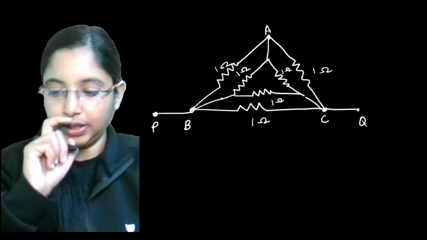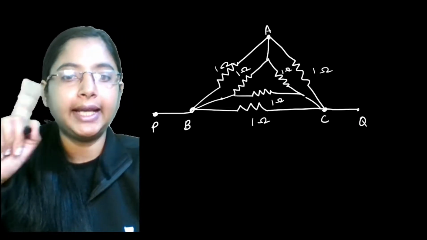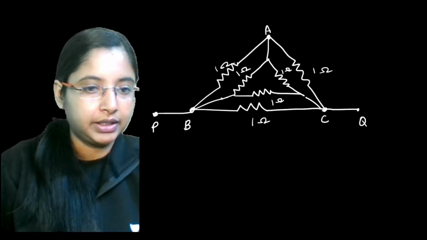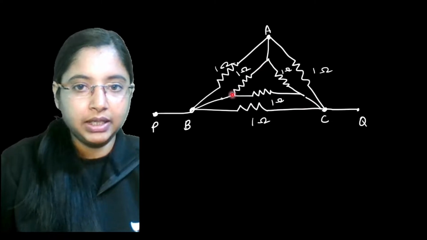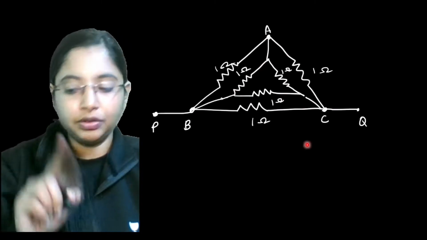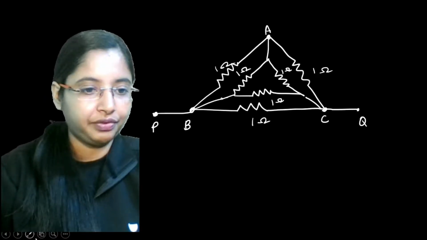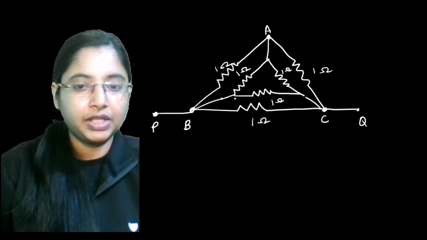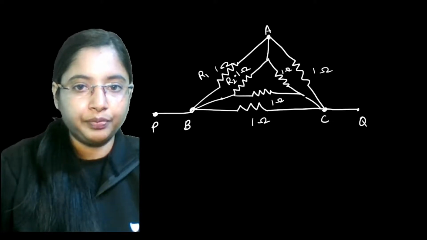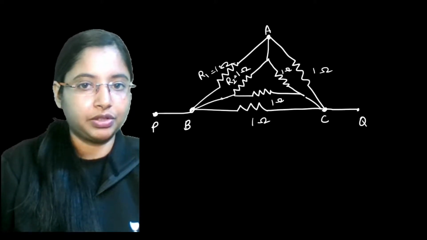So initially if you look at any parallel two arms, see this arm and this arm are parallel, right? These two are parallel, these two are parallel, these two are again parallel. Now instead of these parallel combinations, let's say this is R1, R2. R1 and R2 are in parallel combination, right?